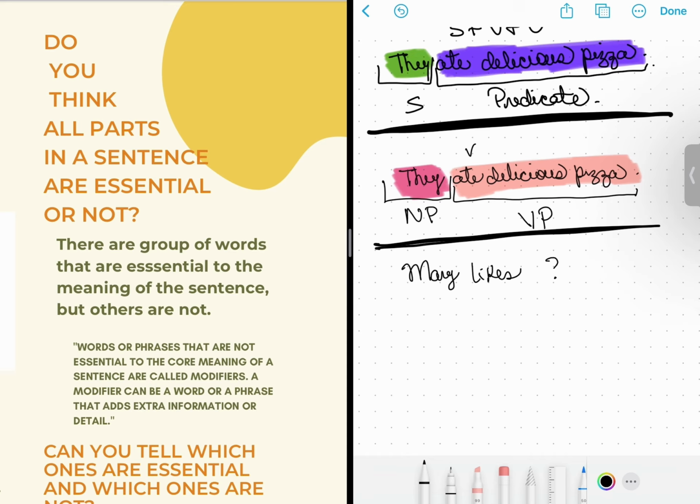But if I say, Mary likes ice cream, of course, now it is a complete sentence. I have a subject, I have a verb, and I have an object. Now it is a complete thought. And in this case, all of them are essential. This is a complement, because if I don't have ice cream, then the sentence is incomplete, right?